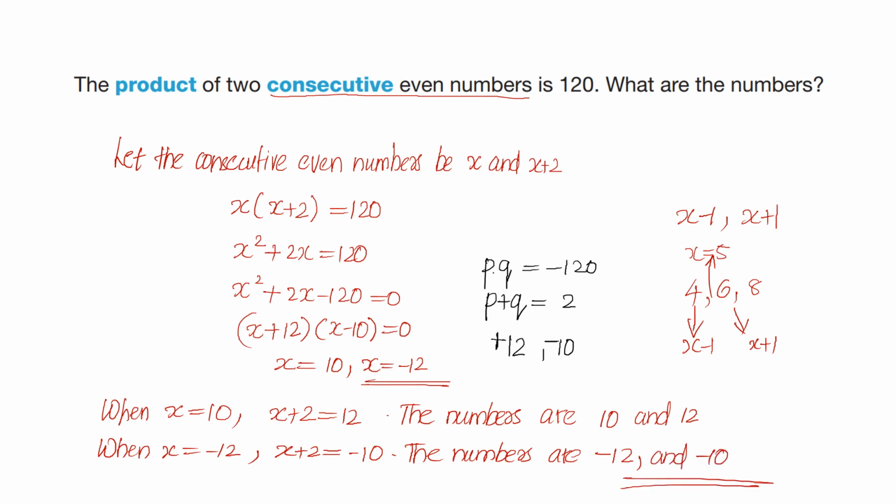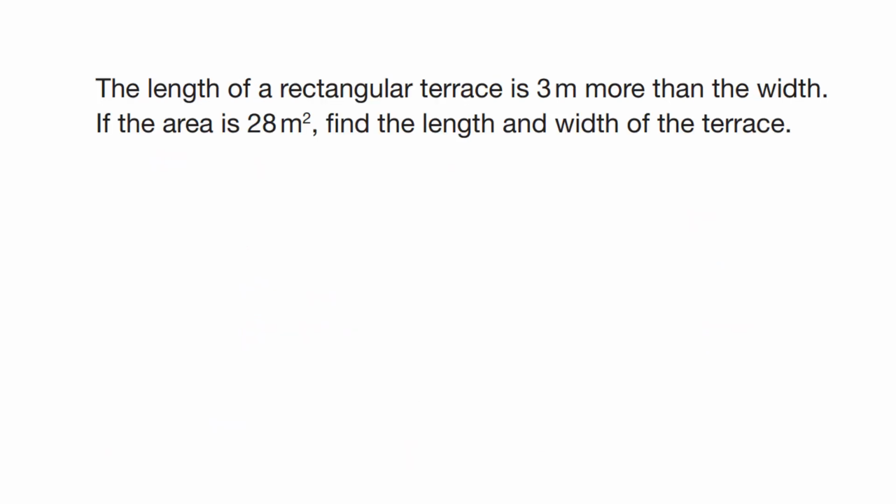So the numbers can be either positive 10 and positive 12, that gives the product 120, or the second case is the numbers can be negatives, that is minus 10 and minus 12. That is again giving the product of 120. So those are the numbers. It can either be 10, 12 as a pair, or minus 10, minus 12 as another pair. So that's it.